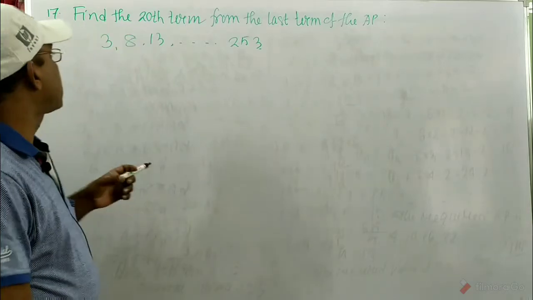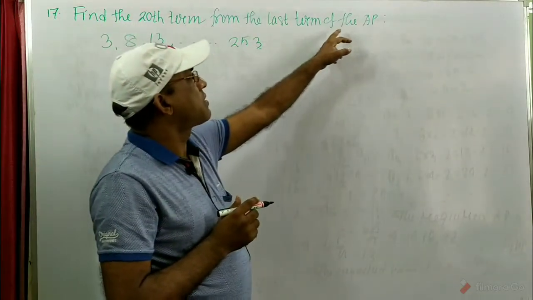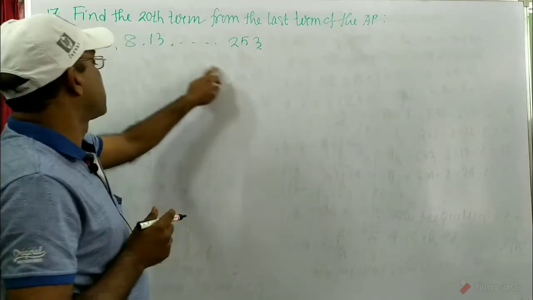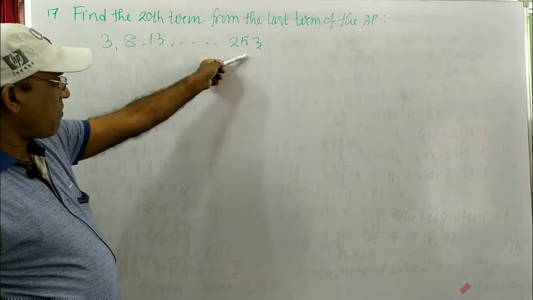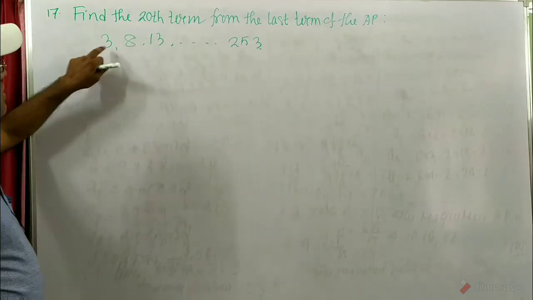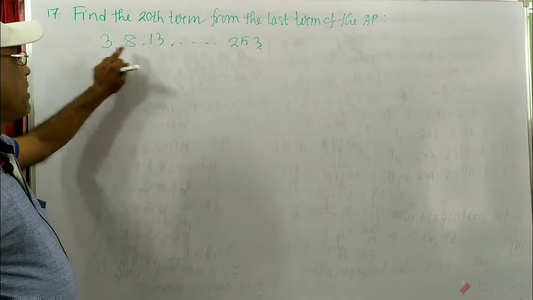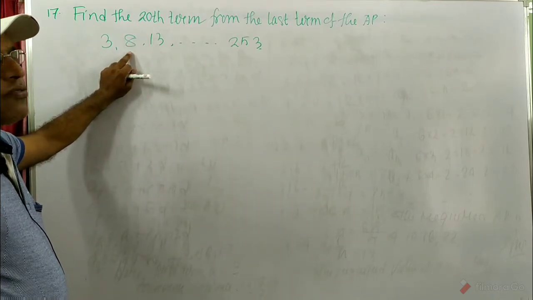Consider problem number 17. Find the 20th term from the last term of the AP. This is our AP given. What is the 20th term from last? So what is the difference? 8 minus 3 is 5, 13 minus 8 is 5. The common difference is 5.